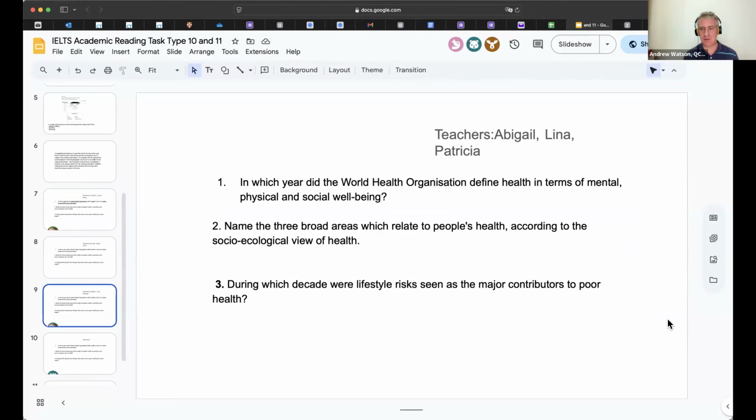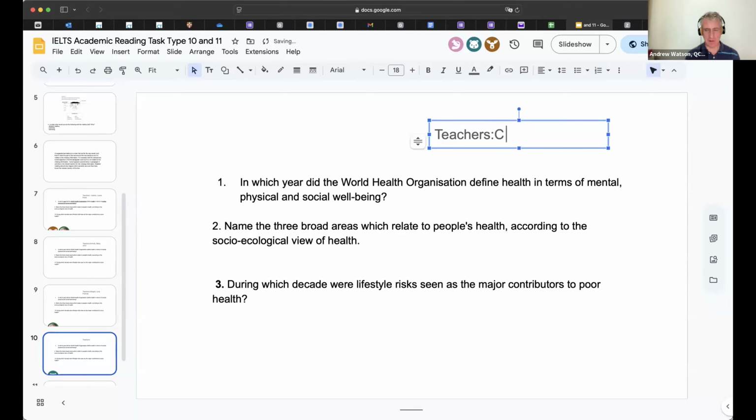Abigail, Lena, and Patricia, you can do slide 9. Am I missing anyone? What about Cesar? Has he got one? Cesar? And Maria Antonia? Yep. And Grace? Yeah.